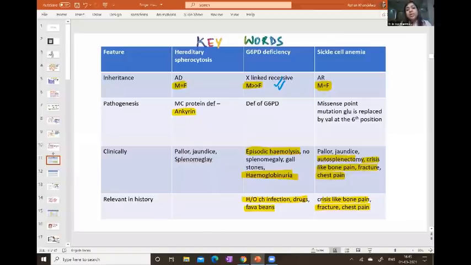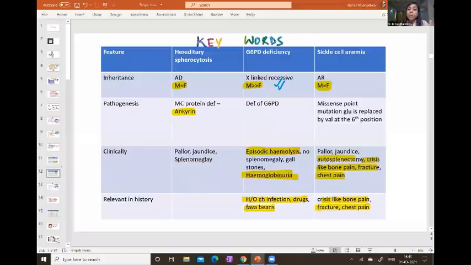You all know a sickle cell anemia patient develops vaso-occlusive crisis, right? So there can be a history of bone pains, or there can be a history of lung or chest pains. There can be a history of fractures. So please look for that history. An African child with such a history, peripheral smear showing sickle cells, think about sickle cell anemia, correct?